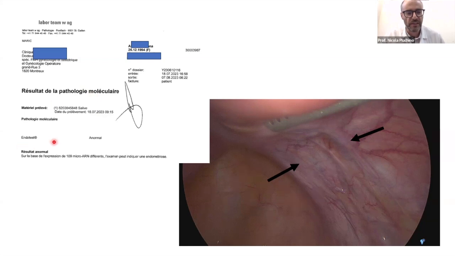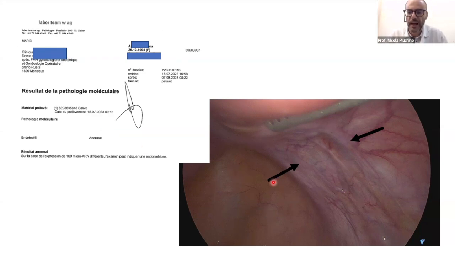The test is normal or abnormal, meaning the presence or absence of endometriosis is based on this molecular analysis. This is the case of a 30-year-old symptomatic patient with symptoms suggesting endometriosis.